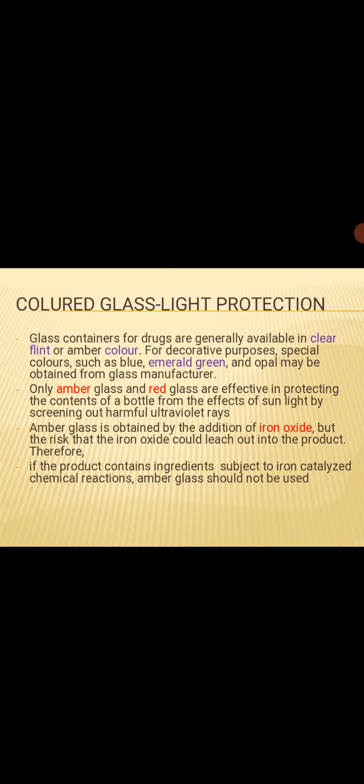Therefore, if the product contains ingredients subject to iron catalyzed chemical reaction, amber glass should not be used. يعني لو المادة جوا ممكن تتفاعل مع الايون أوكسايد ما بخدتها في amber glass لأنه فيه additional amount of iron oxide.